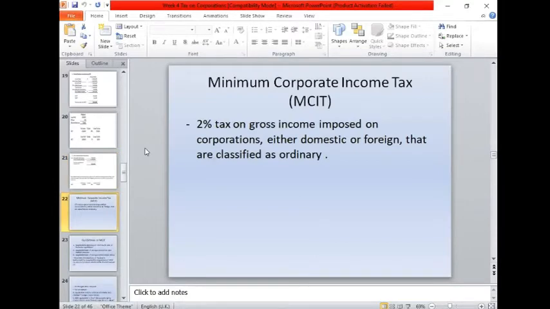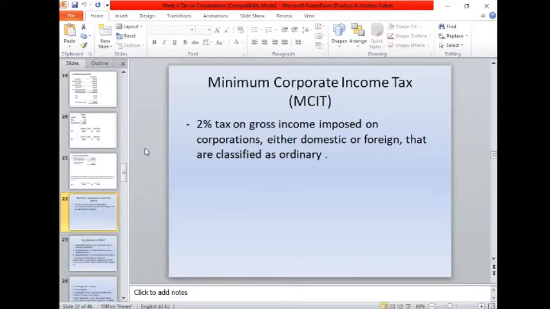Okay, so that is the computation of the illustrative examples for computing the corporate tax based on the classification of taxpayers. And we are talking about ordinary corporate taxpayers. So next is the minimum corporate income tax, or the MCIT.